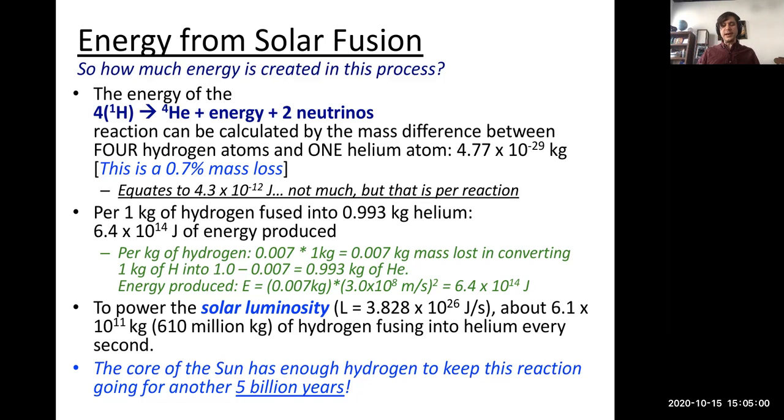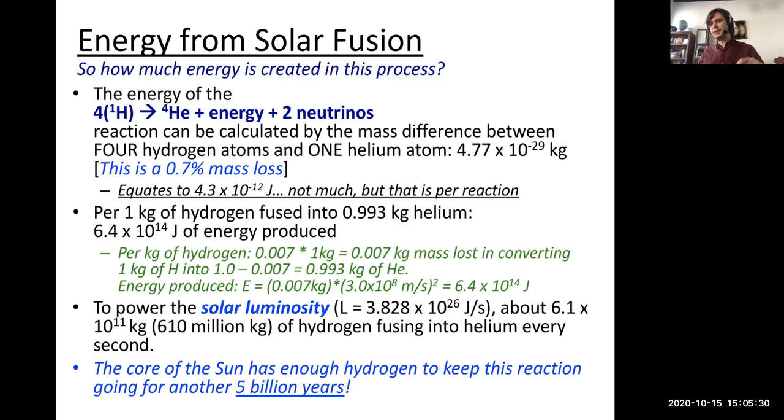And we know that the sun is 5 billion years old by the age of the solar system. And so we can go ahead and figure out, oh, well, how long until the gas tank of hydrogen runs out, until the core of the sun is converted from hydrogen entirely into helium? So we can keep this proton-proton chain happening, fusing hydrogen to helium in the core of the sun for another 5 billion years, at which point the sun is going to start dying.